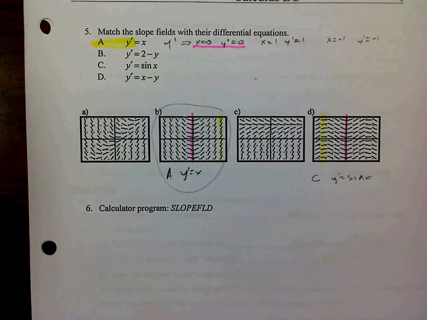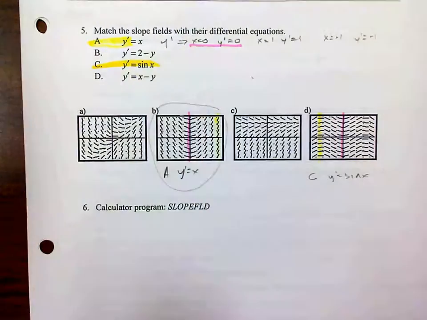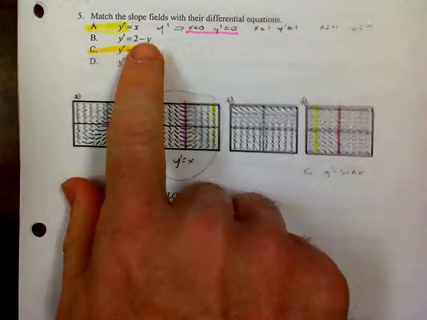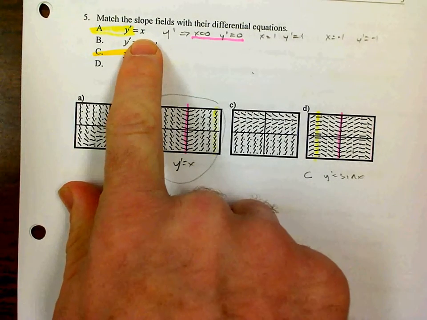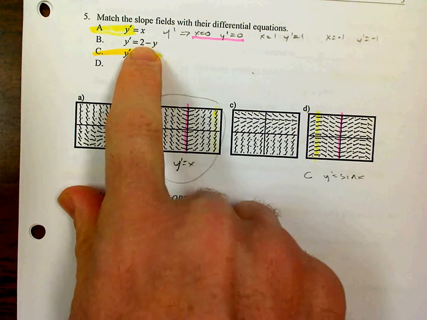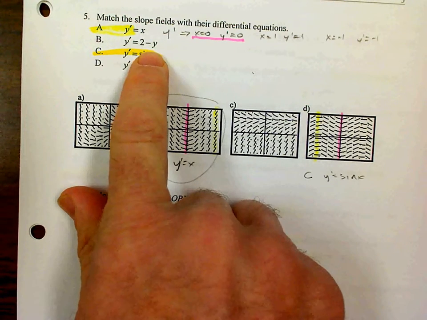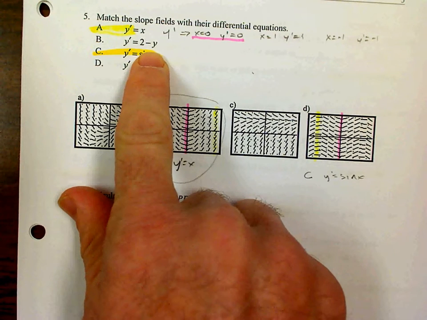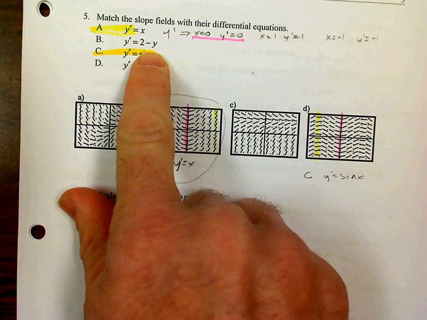Which means now we're down to y prime equals 2 minus y. This one is different from the first one, but similar in that it's only dependent on one variable. When we get a y value, it doesn't matter what we have for x. So what we're going to do is look horizontally and see if all the tick marks look the same. Definitely not these guys.